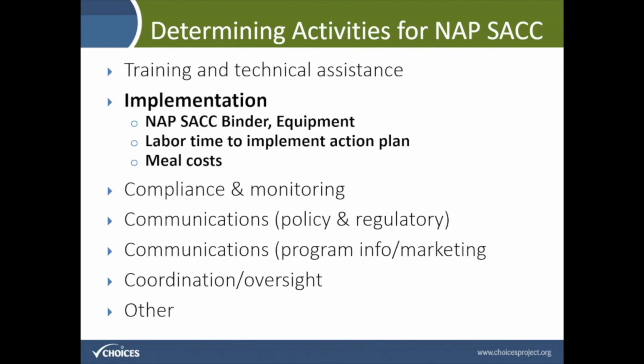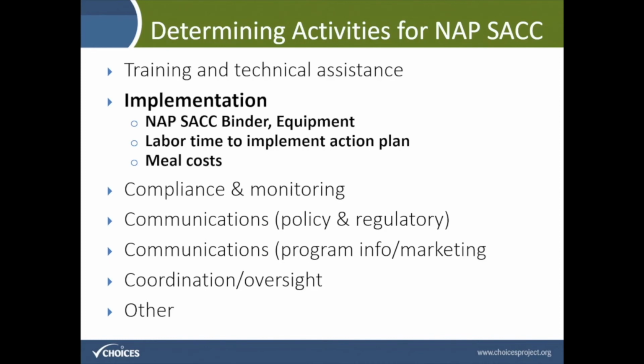Another category of activities is implementation at the ECE provider level, and this would include making modifications to programs and protocols at the provider that might involve purchasing new physical activity equipment or making upgrades to physical activity equipment. It might include some changes to improve the nutritional quality of the meals served.